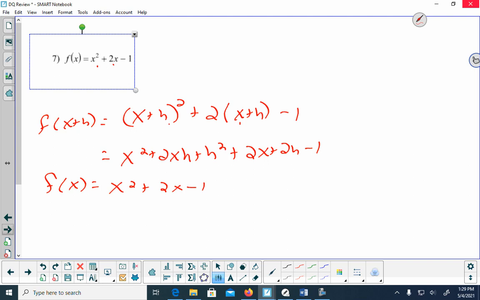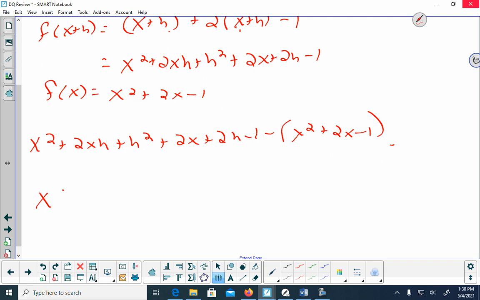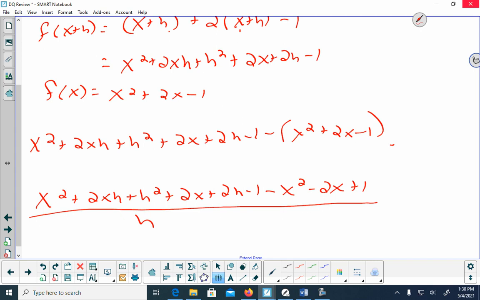So now I'm going to take f of x plus h and subtract f of x, putting it in parentheses so I do not forget to distribute that negative sign. And this will be negative x squared minus 2x plus 1, remembering that this is all over h.